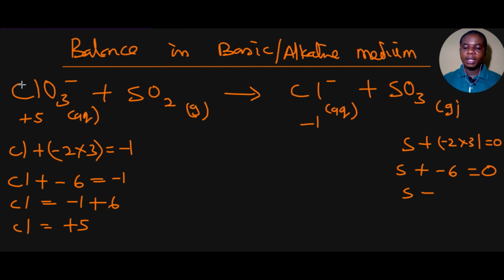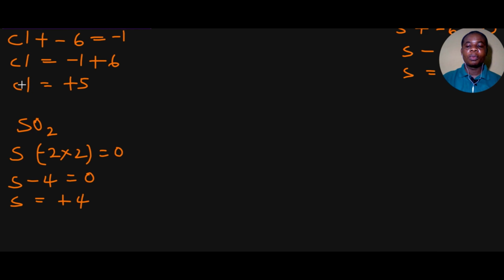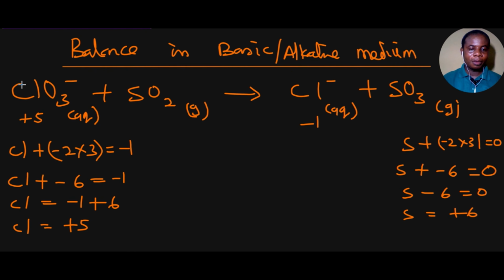S is equal to plus 6. So it's actually moved from plus 4 to plus 6. That means there's an increase in oxidation number. So this one is undergoing reduction, while this one is undergoing oxidation.